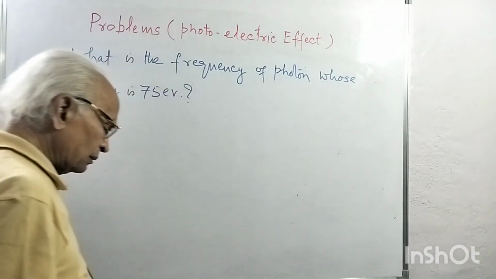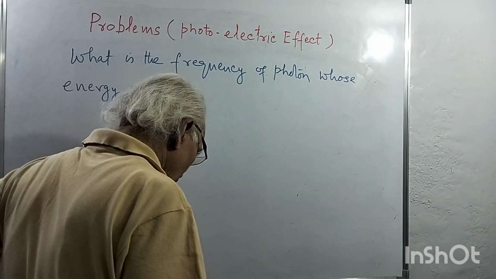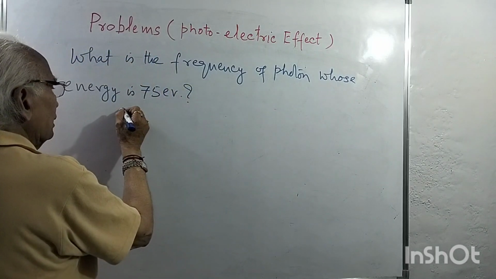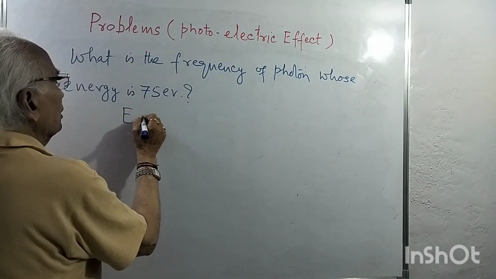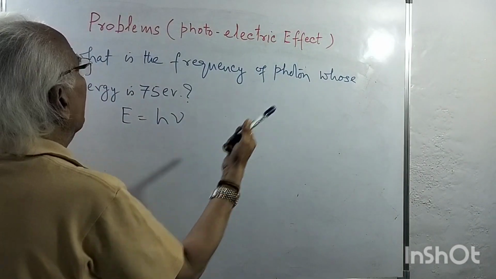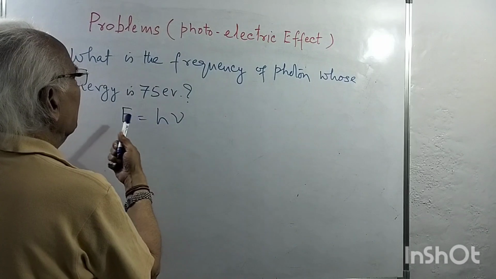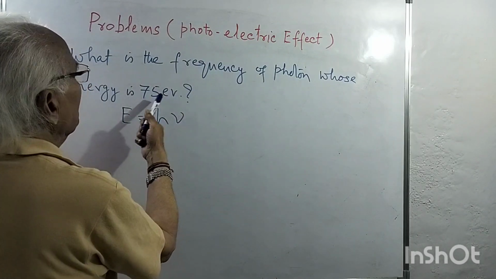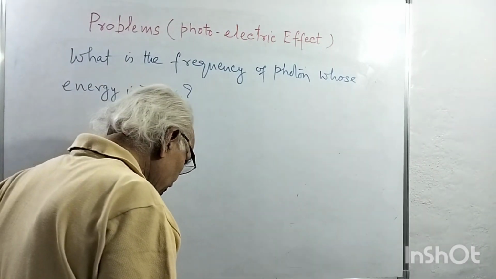The energy is given. We have just done this. Similarly, E is equal to h nu. They are asking for the frequency. h is given, E is given. E is 75 eV. So just substitute.